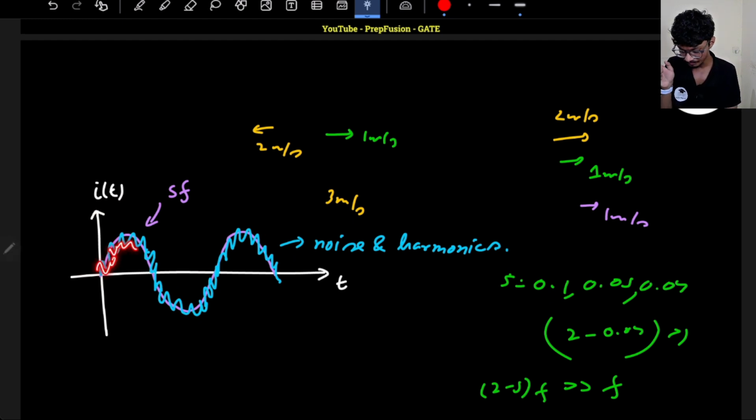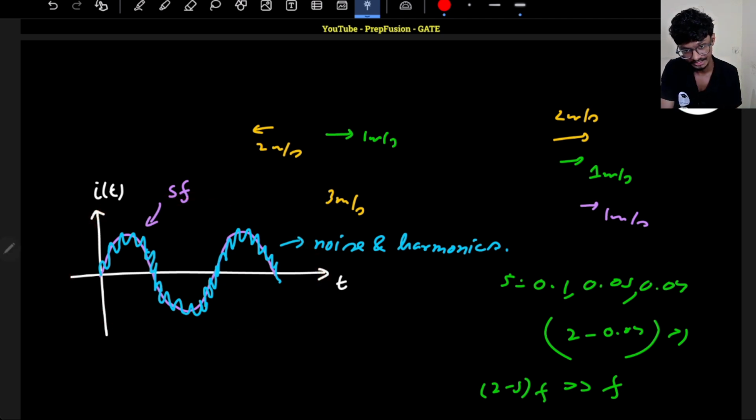Overall it is pulsating, very fast. My motor is overall rotating in the clockwise direction, but with a bit of vibrations. These vibrations are denoted by the currents, and the overall waveform determines the overall rotation. So the overall rotation is clockwise, but with some vibrations. That is the problem here.